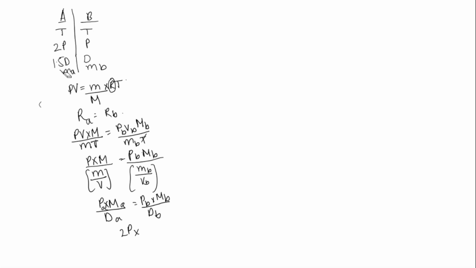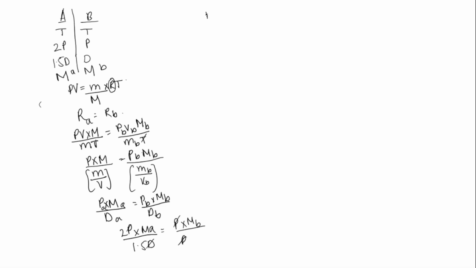This is not small m, this is capital M. So 2P into Ma we need to find out by density of A, which is 1.5 D, is equal to pressure of B, which is P, into MB we need to find, by density of B, which is D. So D and D will get cancelled, P and P will get cancelled.